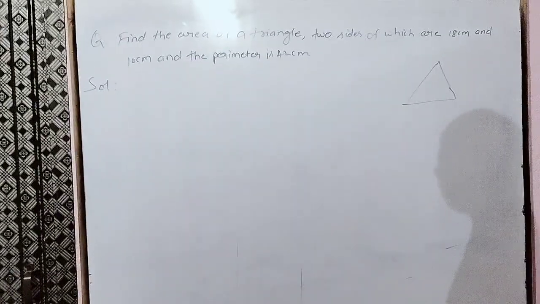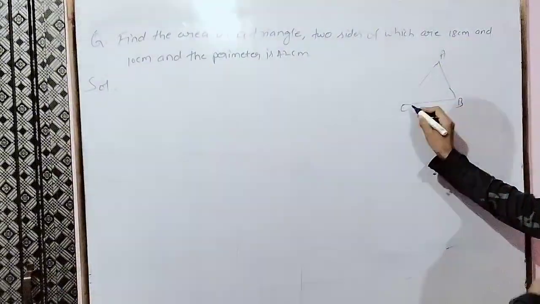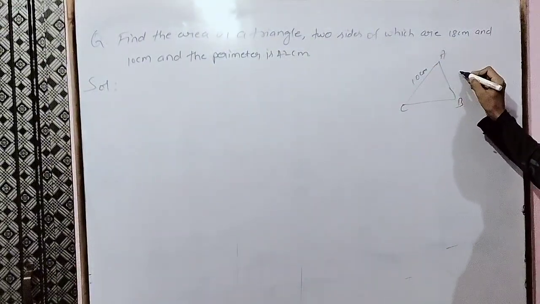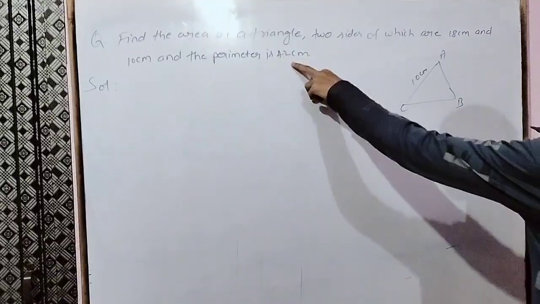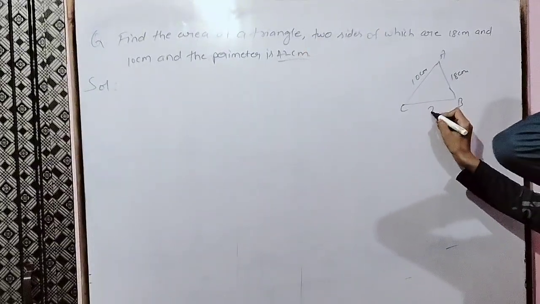You can draw a triangle so that you can have clarity. Let's say this is 10 centimeter and this is 18, and this perimeter is 42 centimeter. But we don't know this side.